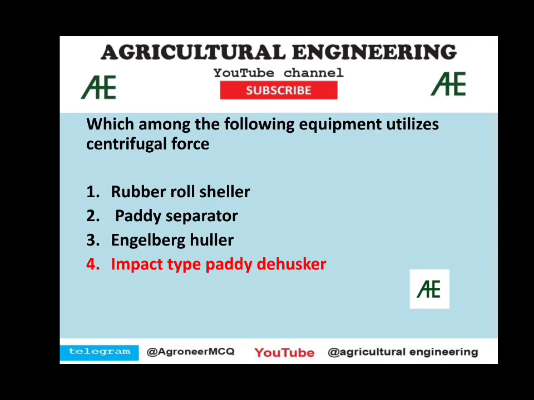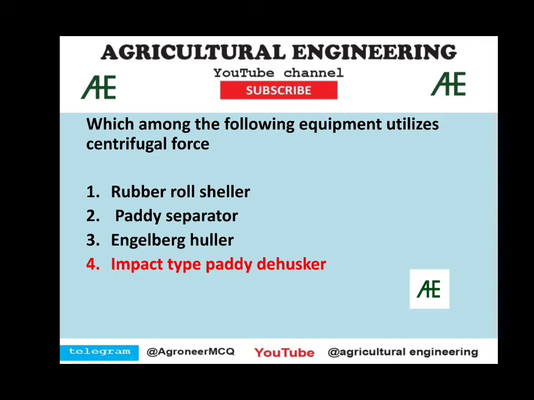Which among the following equipment utilizes centrifugal force? Given are some equipments in which centrifugal force is used as application. So in the case of rubber roll sheller, the friction between these rollers and the grain is utilized for removing husk.